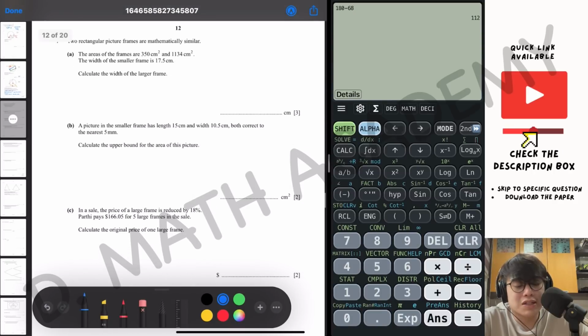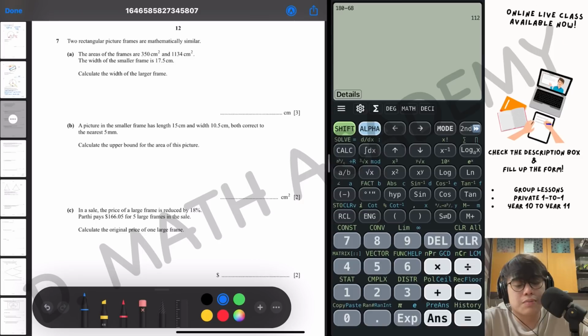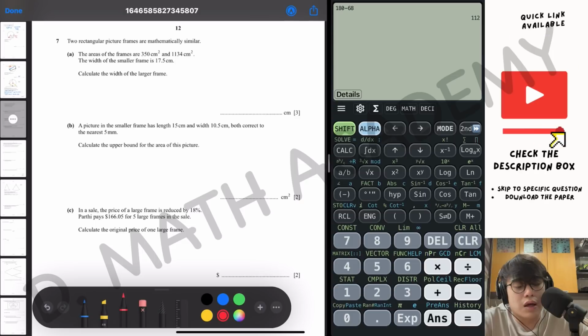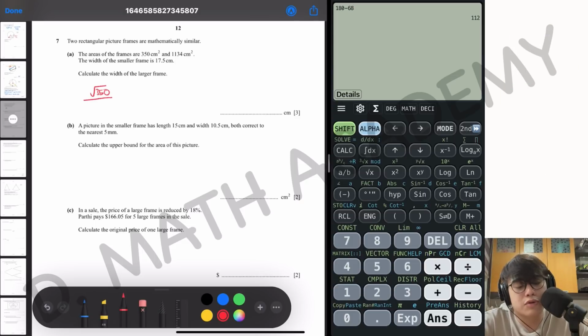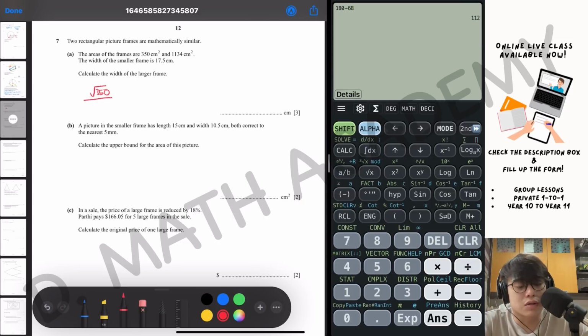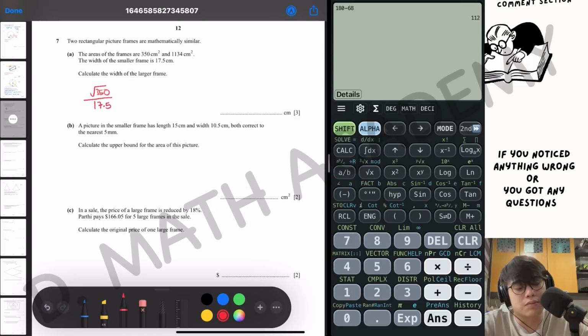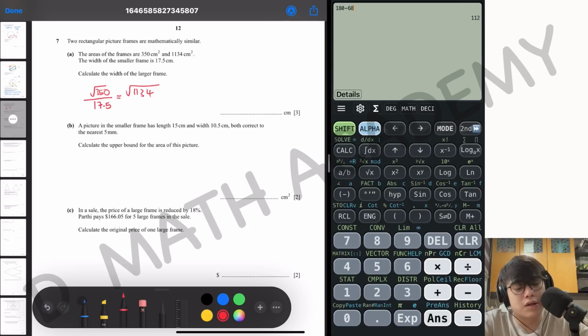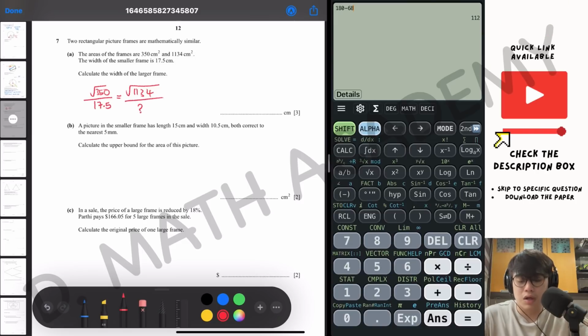Moving on to question 7, they use the term mathematically similar. Find the width of the larger frame. Kindly take note, one of them is areas, and the area of the smaller one is 350. So I'll put a square root there to cancel off the area's effect, and then 17.5 at the bottom. The same goes for the other one, 1134, and then an unknown here.